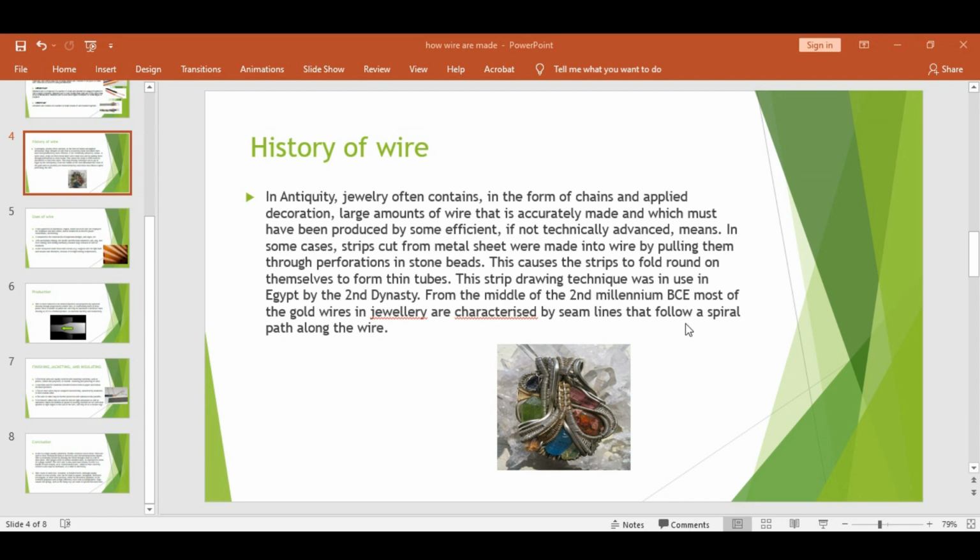This causes the strip to fold round on itself to form a thin tube. This strip drawing technique was in use in Egypt by the second dynasty. From the middle of the second millennium BCE, most of the gold wire in jewelry is characterized by seams that follow a spiral path along the wire.